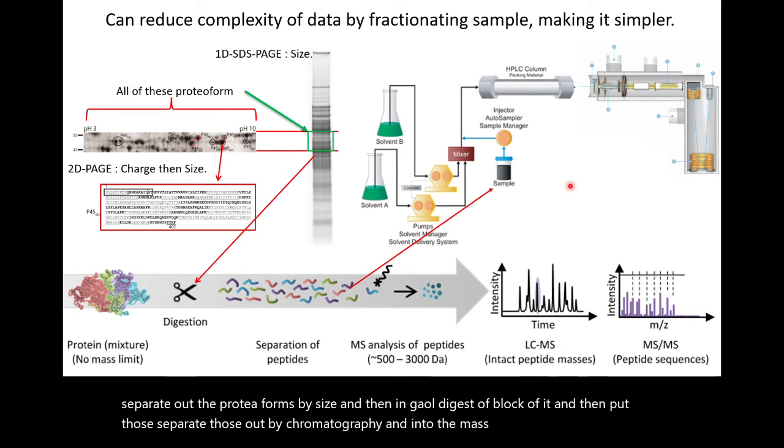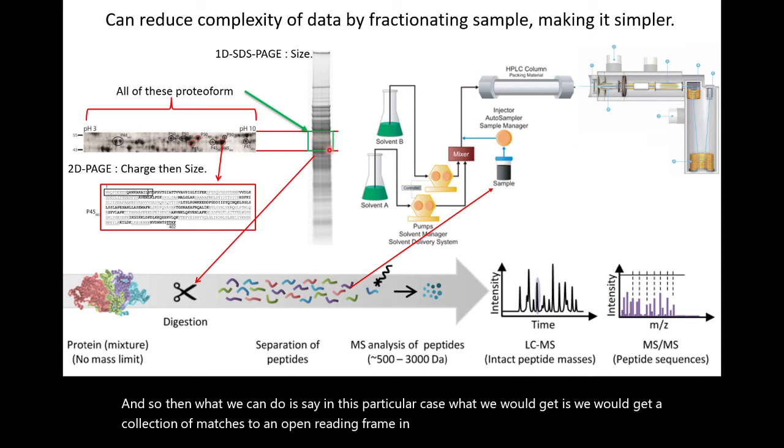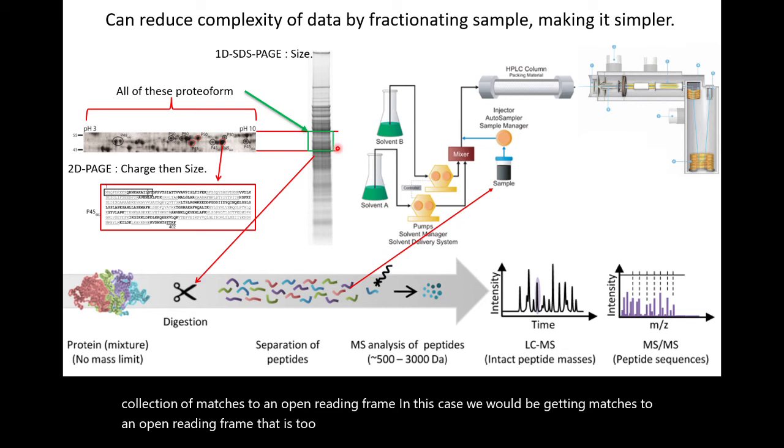And so in this particular case, what we would get is a collection of matches to an open reading frame that is 200 kilodaltons. If this was not undergoing proteolytic cleavage, it'd be up here, but it's not.